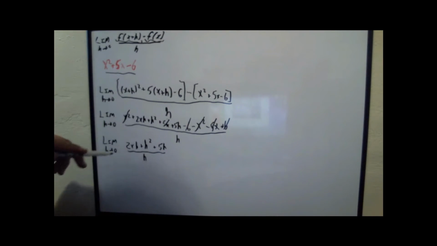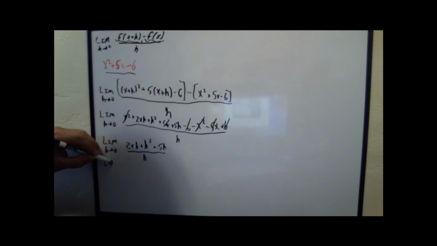Now at this point, I see that I've got an h in my numerator on every term. I can simplify that to the limit as h approaches 0 of h times 2x plus h plus 5, all over h, and my numerator being multiplied by an h. And voila! We can cancel that h out.